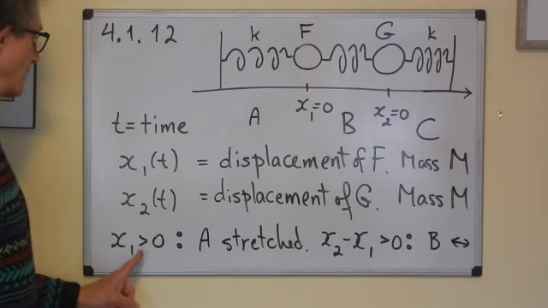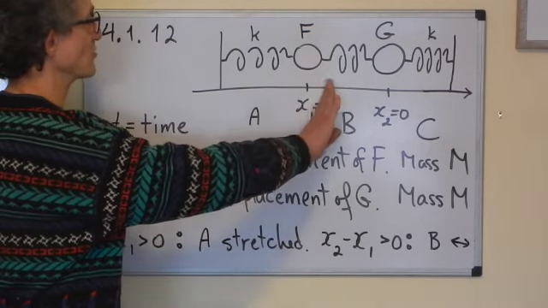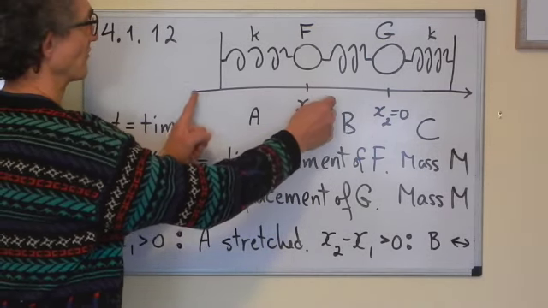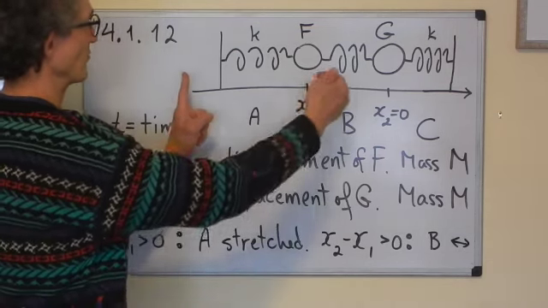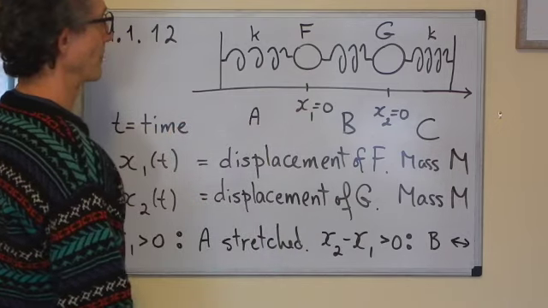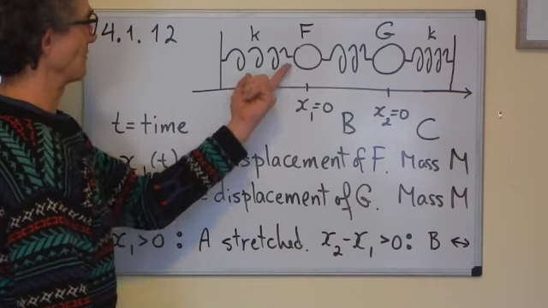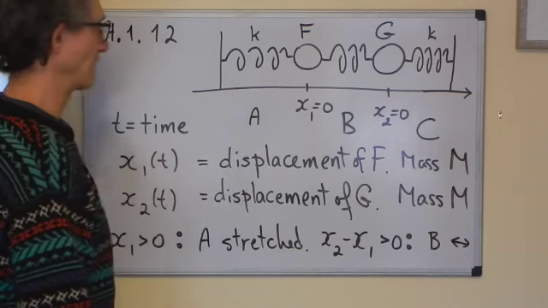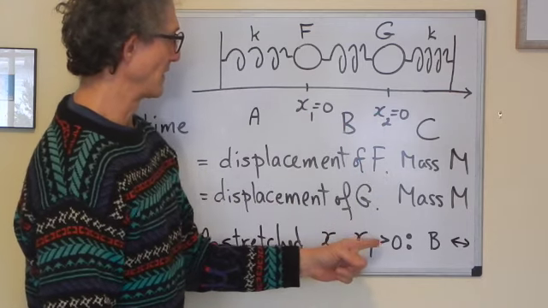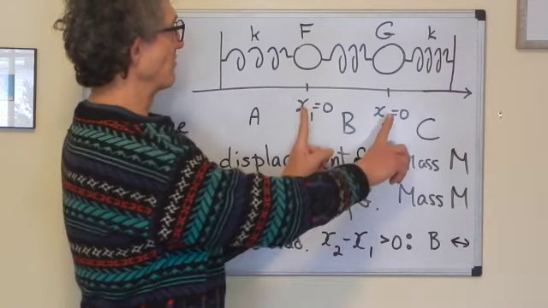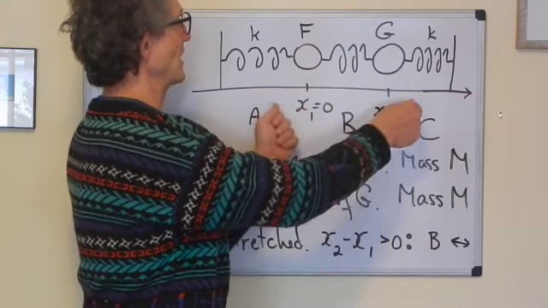If x1 is bigger than 0, that means we're stretching the first distance, which means that A is increased, and so the force will be back to the left from this spring K. If the distance between x2 and x1 is bigger than 0, that means that B is increased. So B is stretched.